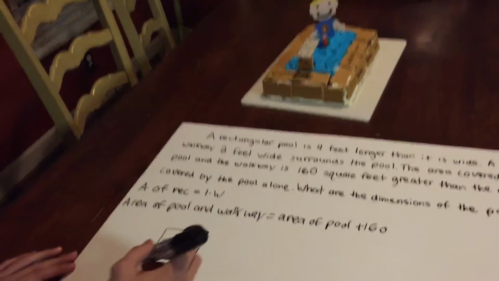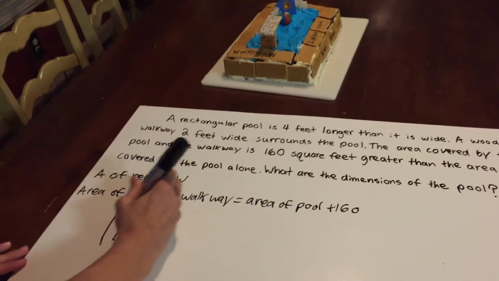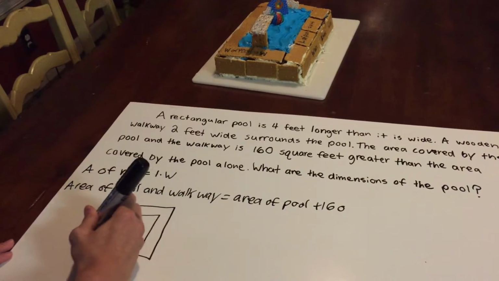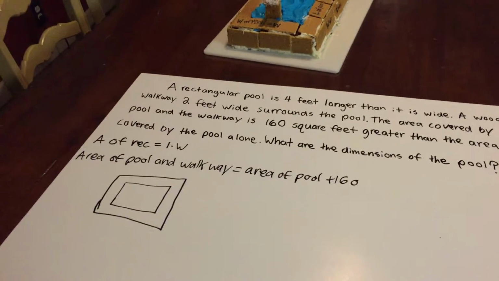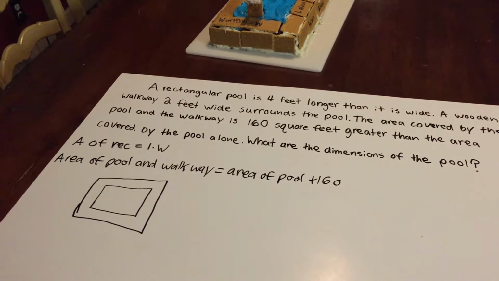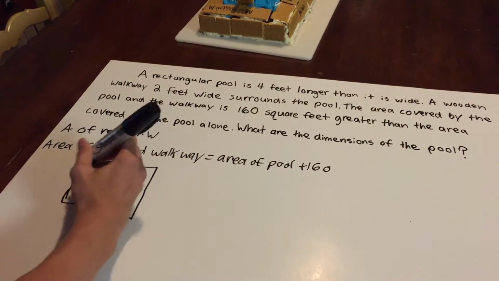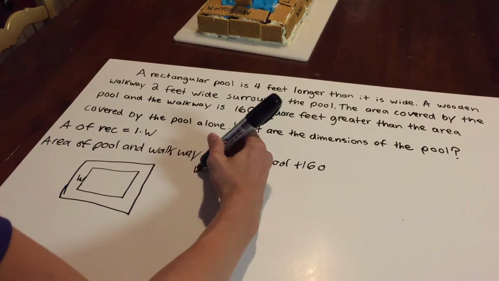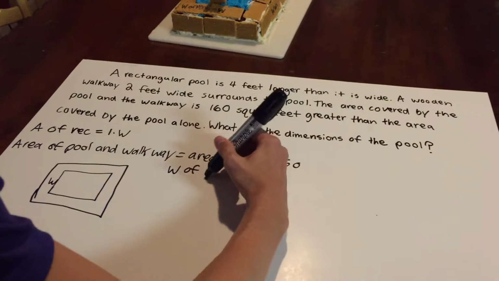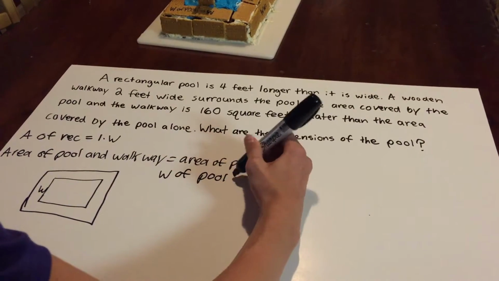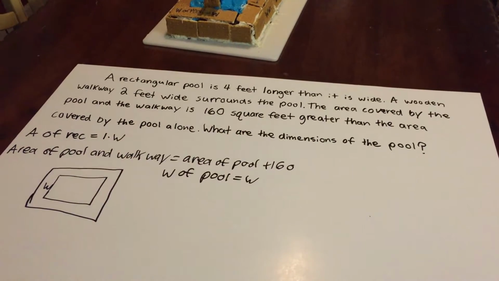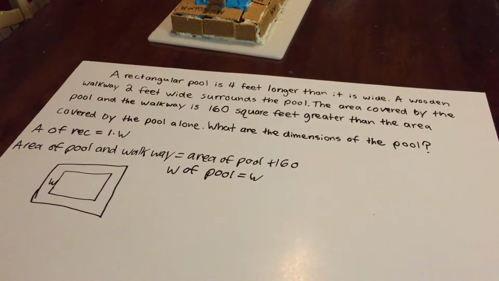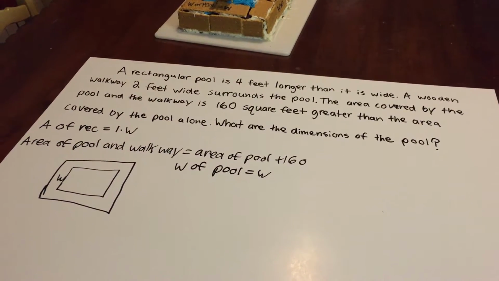So we have the pool surrounded by a walkway. Next, we don't know what the width is, so our width is going to be W. And we also don't know the length. The only thing we know about it is that it's 4 feet greater than the width.